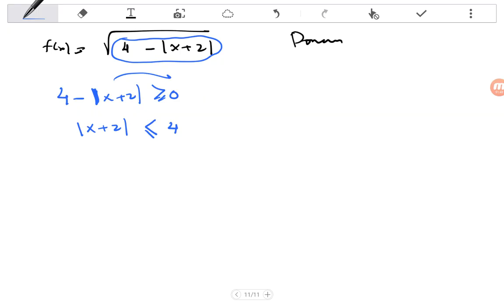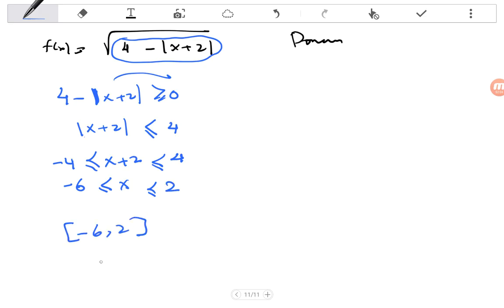That is an absolute value less than, so we make use of the rule: x plus 2 is from negative 4 to 4, which gives x from negative 6 to 2. So the solution is negative 6 to 2, and that is the domain of the function.